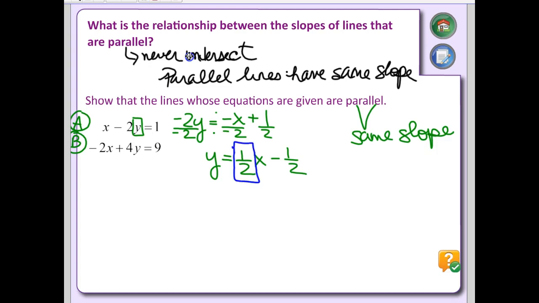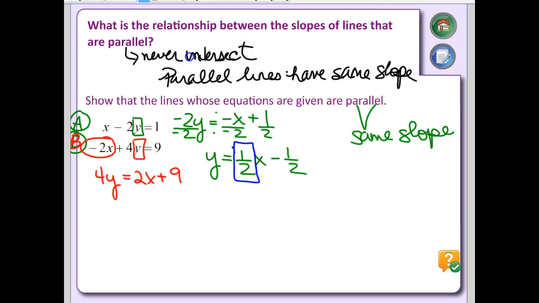Well, now I've got to go to equation B, and let's figure out what the slope is there. So in order to do that, we've got to get y alone. We've got to move this -2x to the other side. What's my inverse operation? Yeah, we're going to add it. So we've got 4y equals 2x plus 9.